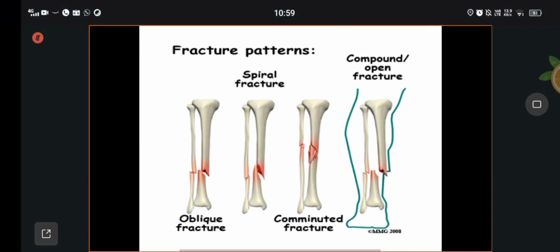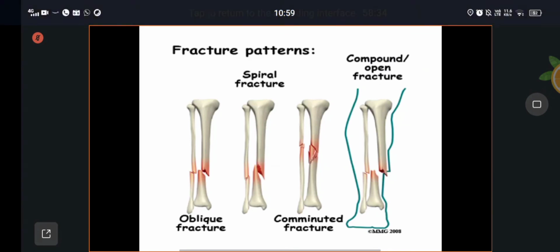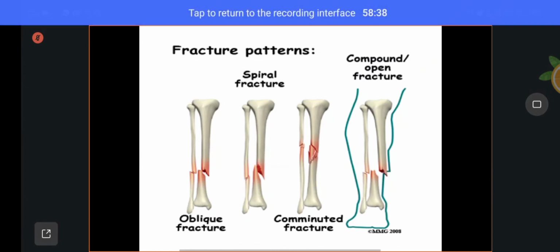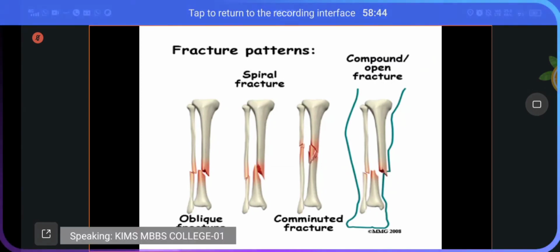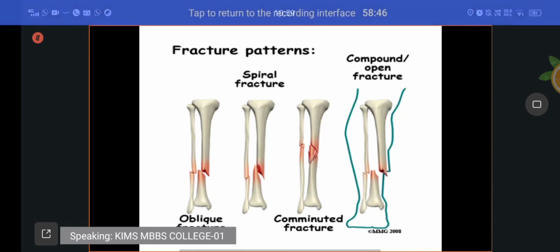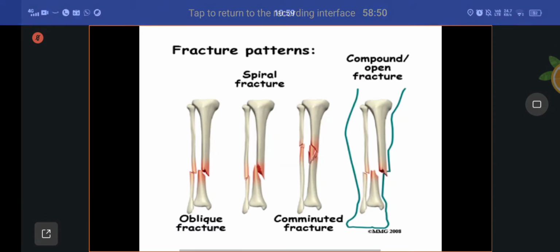This is dangerous because infection easily enters into the bone. Once a bone is infected, it is very, very difficult to cure that infection. That you have to remember. Once a bone gets infected, it is very, very difficult to heal or cure that infection.